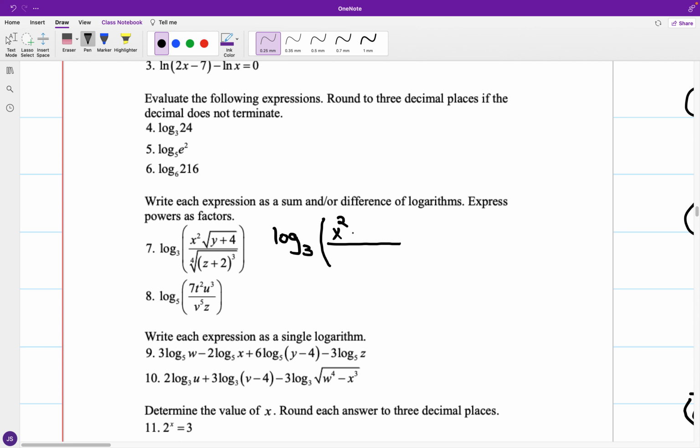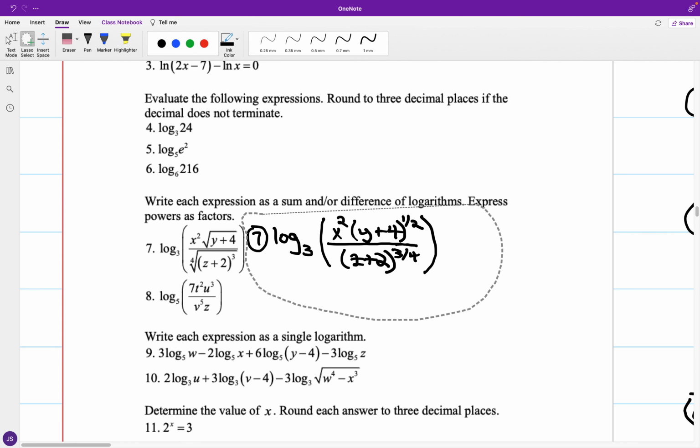Now, for the square root of y plus 4, this will be y plus 4 quantity to the 1/2, and for the 4th root of the cube of z plus 2, you have z plus 2 quantity to the 3/4. And just setting the stage for expanding.